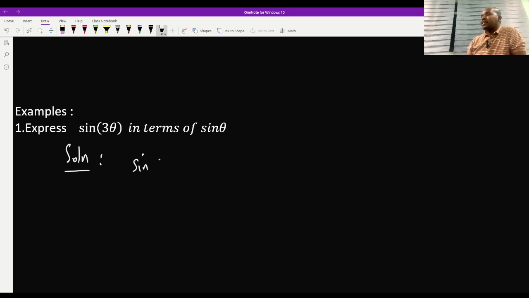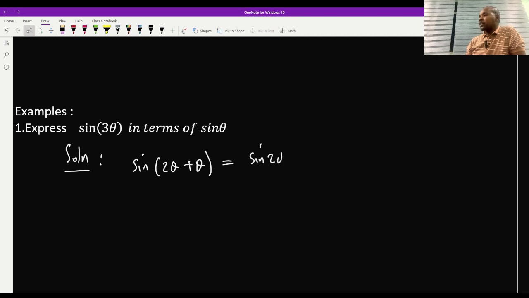Sine 3 theta, we can express it as sine (2 theta plus theta), so that this is equal to sine 2 theta cosine theta plus cosine 2 theta sine theta.